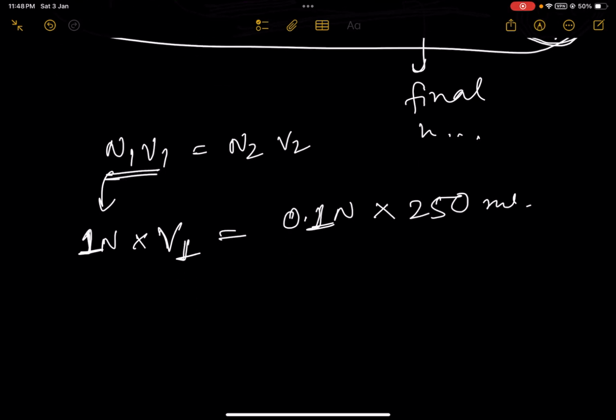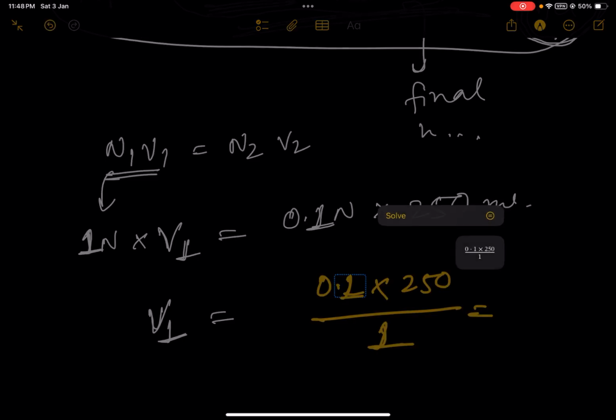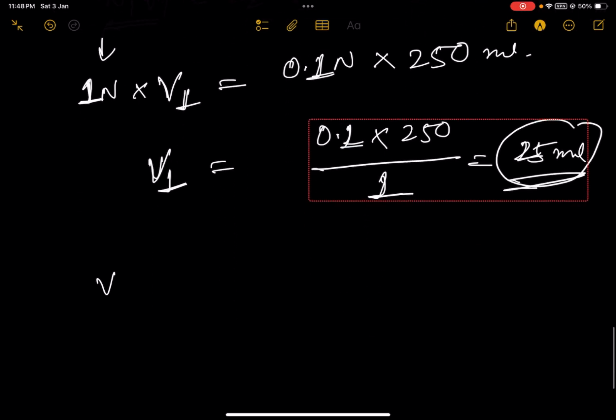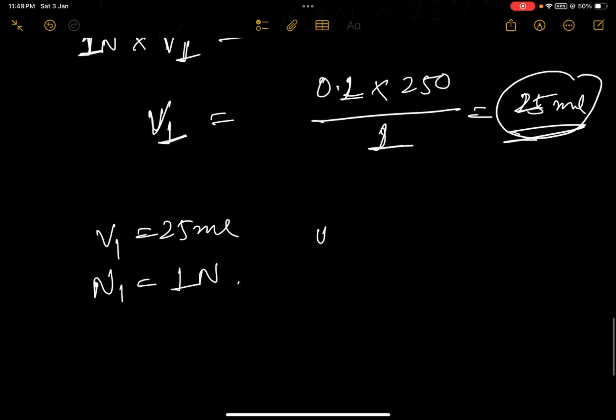Okay, so what we get is the value of V1 will be equal to 0.1 times 250 divided by 1, so this comes to 25 ml. Okay, so V1 is 25 ml, N1 is 1 normal, V2 was 250 ml, N2 was 0.1 normal.